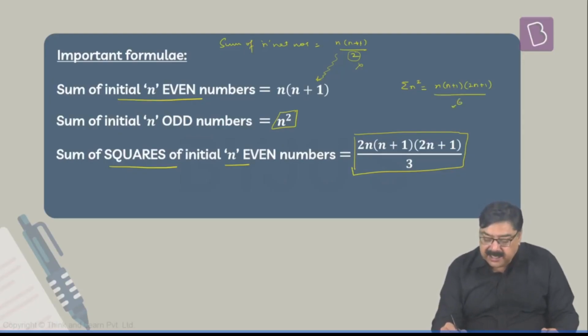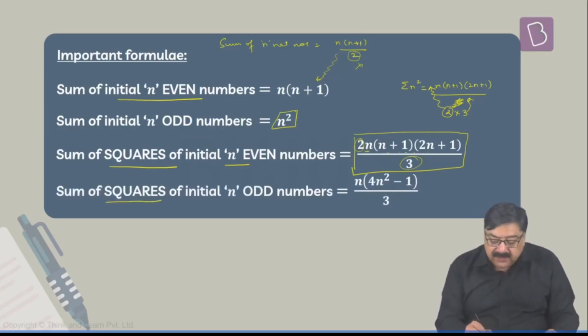Now, this 6 I can write as 2 into 3. So let's remove this. This 2, I am taking it here, and 3, I am taking in the denominator. So this becomes 2n into n plus 1 into 2n plus 1 by 3. Simple way of memorizing this.